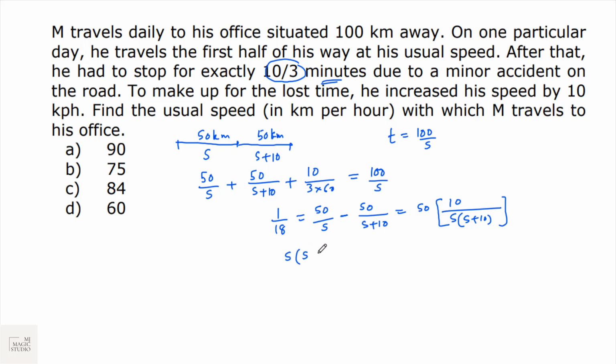So we get S into S plus 10 equals 50 into 180. If I take one more 2, this will become 100 into 90. Bingo, S is equal to 90. What is his usual speed in kilometer per hour? It is 90 kilometer per hour. Option A fits in.